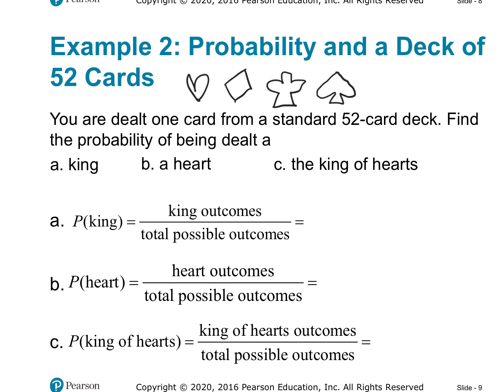Those are your 4 options. My drawing is super bad, so don't judge me. There are 4 of each, so 4 possibilities of getting a king out of 52. Then you would reduce that, and it would be 1 out of 13.